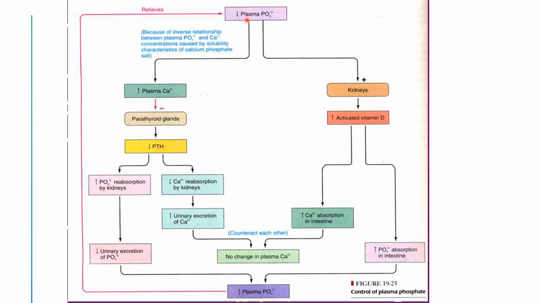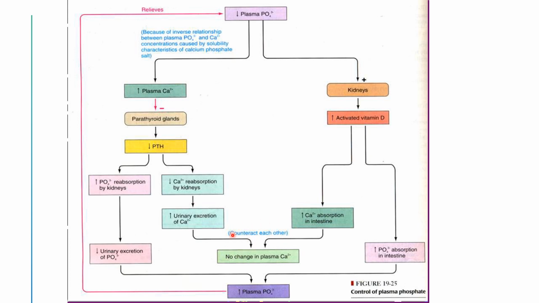So that will lead to increased plasma phosphate, that is, the value will become normal. First there is decreased plasma phosphate, and with the help of feedback mechanisms it will be regained to normal values. On the other side the kidneys will be stimulated, which will produce activated vitamin D that will cause increased calcium absorption from intestine. So there will be no change in plasma calcium because of increased urinary excretion of calcium and the increased absorption from the intestine.